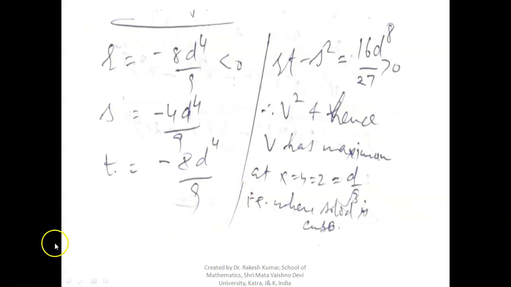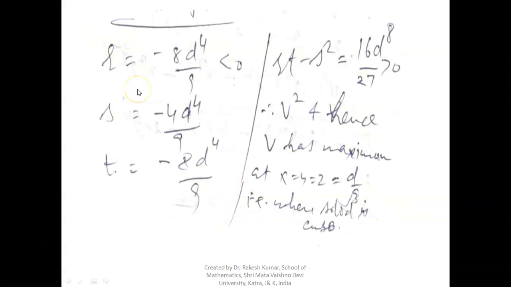Just substitute y equal to x in equation 1, we get this, and from here we get x is equal to d by root 3, which is again equal to y. So therefore z becomes, just substitute these values in z, I get d upon root 3. So the values of x, y and z are equal, and those are d upon root 3.